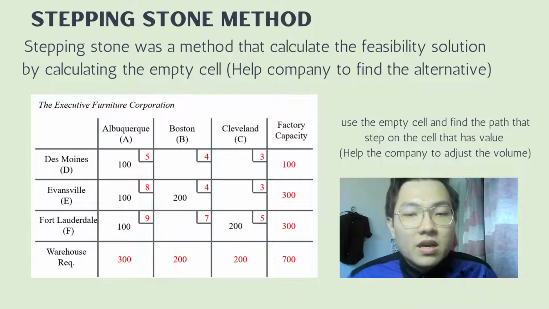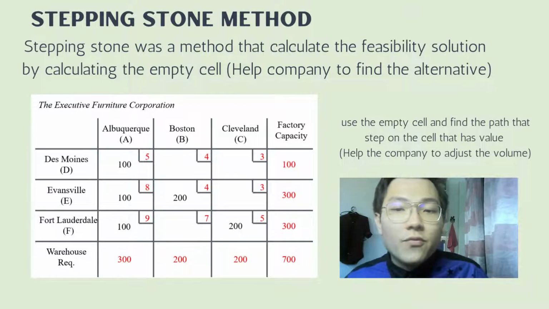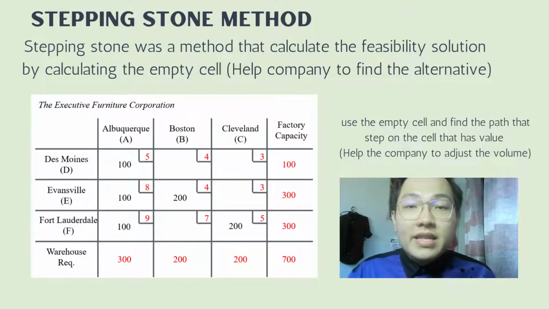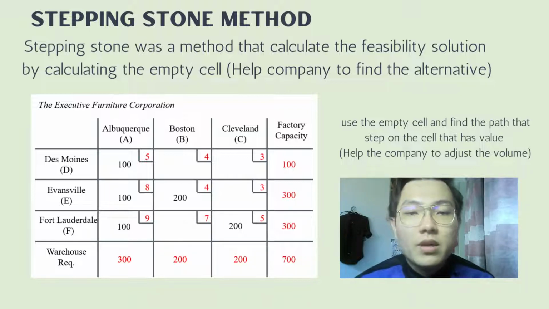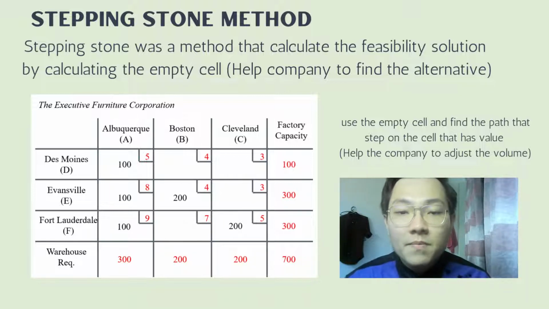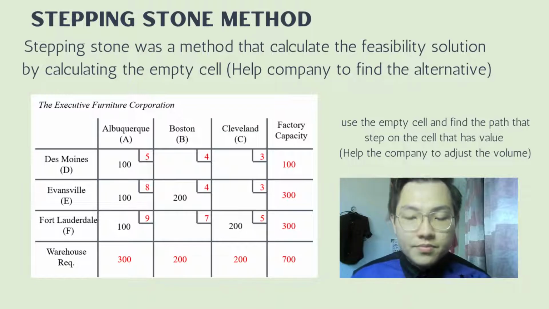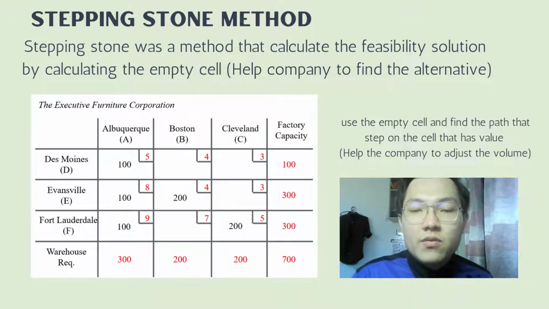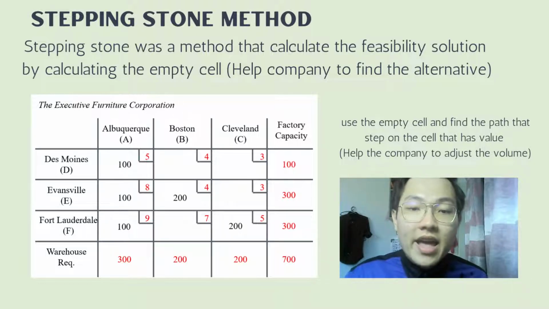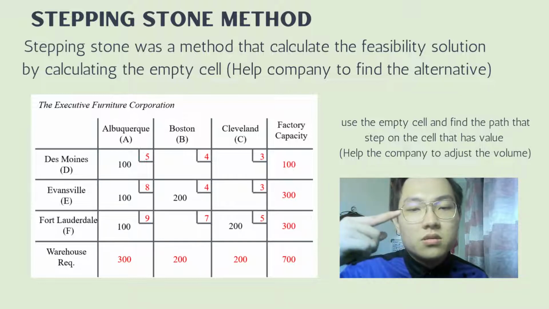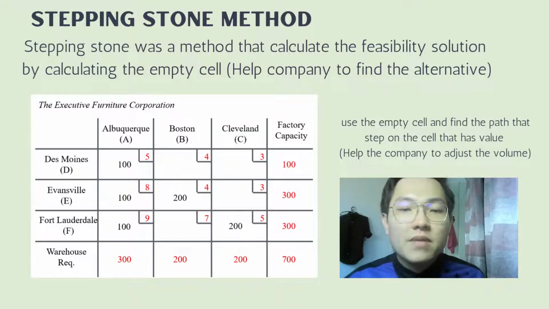Let's say we use the BD empty cell, we calculate using the stepping stone. We will need to step on the cell BE, then go to the left-hand side to AE and step on to AD and then back to BD.